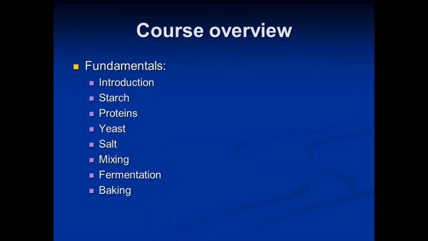So in this course, we're going to be going over the fundamentals of the science that underlies bread baking. There'll be a brief introduction, and then we'll talk about starch, and then proteins, and then yeast, salt, and then what goes on during the mixing process, the fermentation process, and the baking process.